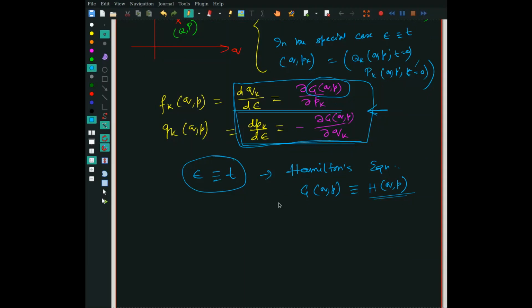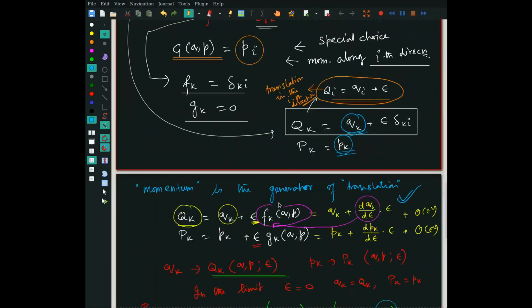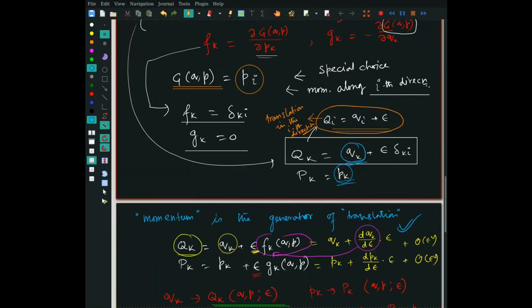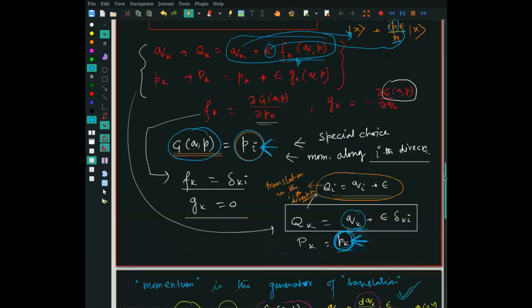Okay, so in the same way, when you choose the linear momentum as your generator, sorry, p_i as your generator, when you identify g q p as your p_i, then you got your translation along the ith direction.